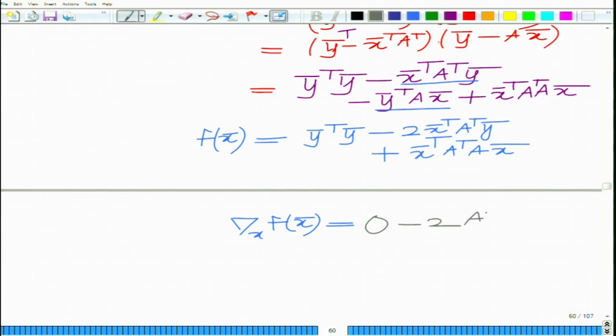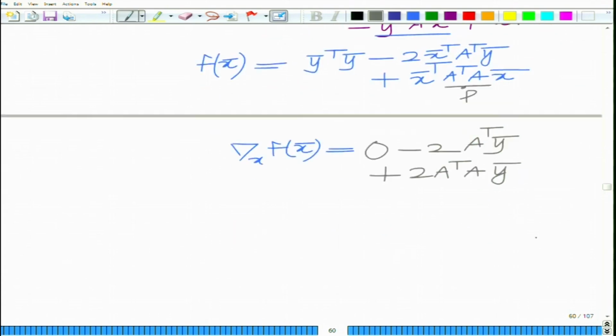So, minus twice A transpose y bar, plus x bar transpose A transpose A x bar, that is, you can treat this as x bar transpose P x bar, where P is a positive semi definite matrix. So, the gradient is twice P x bar, or twice A transpose A x bar.